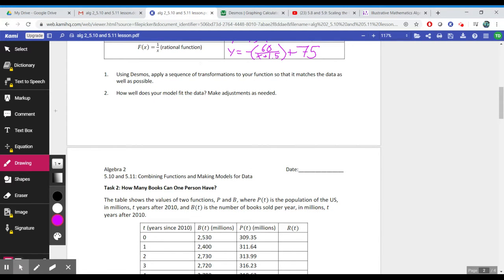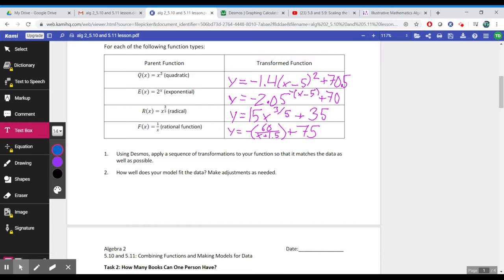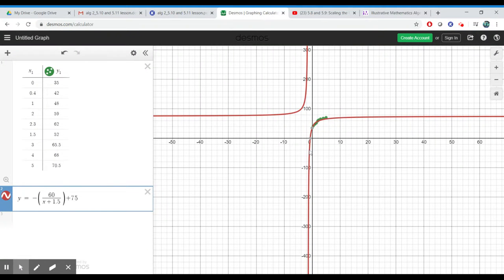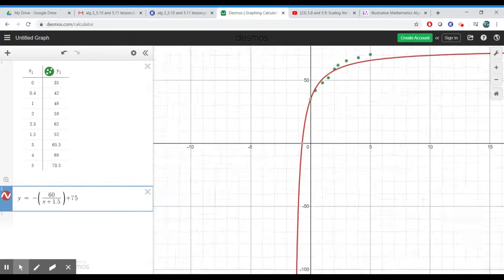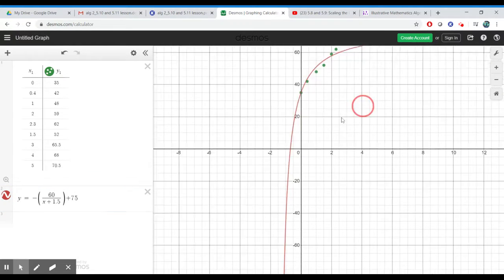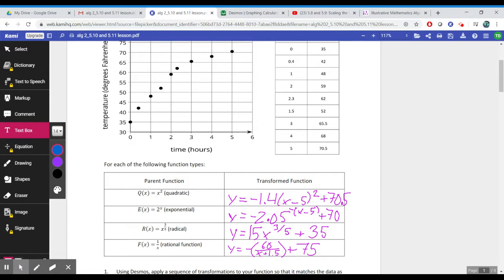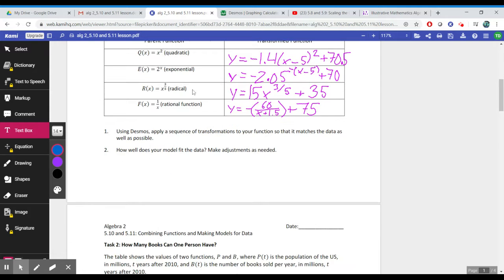Okay, so the next part of our lesson wants us to describe how well the model fits our data. So originally, none of the models fit at all. Afterwards, we had models that more or less fit the data, but some might have fit better than others. So what you can do there is talk about how well each individual model ended up fitting the set of points that we were given, and tell us which one you think works the best.